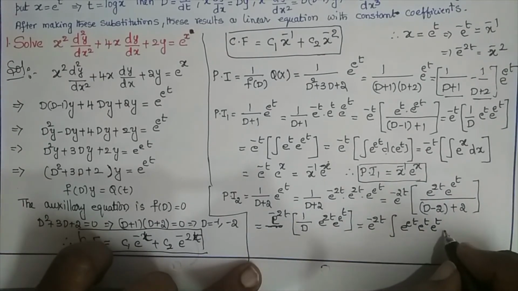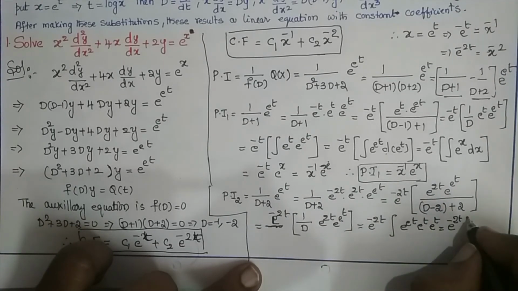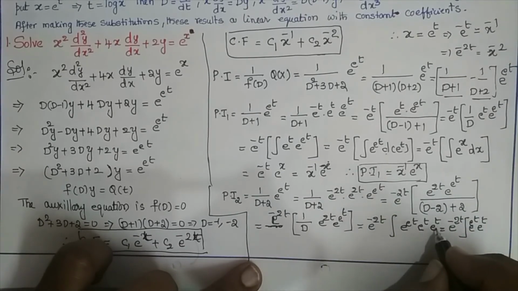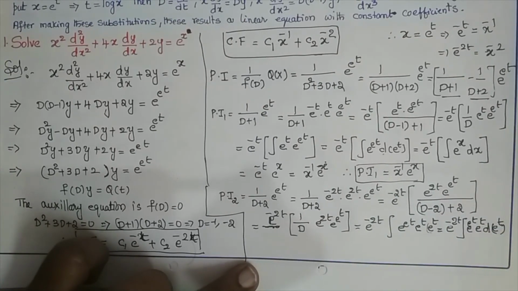And also e^(-2t) as it is, integral e^t as it is, e^t as it is. This e^t can be written as differentiation of e^t.